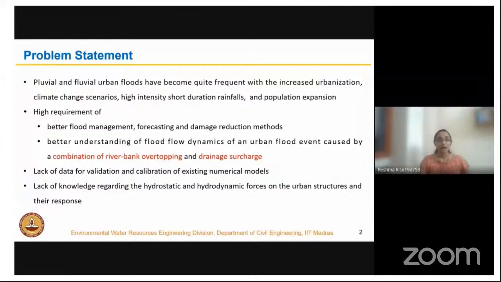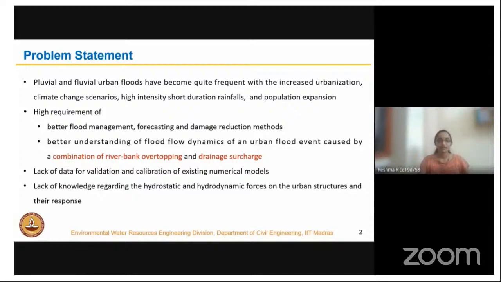Pluvial flood, on the other hand, is caused primarily due to surcharge from the drainage system causing overflow onto the adjacent streets. The intensity of damage caused and the expenses incurred to restore a normal life following a flood event point out the requirement of better flood management, forecasting, and damage reduction methods.